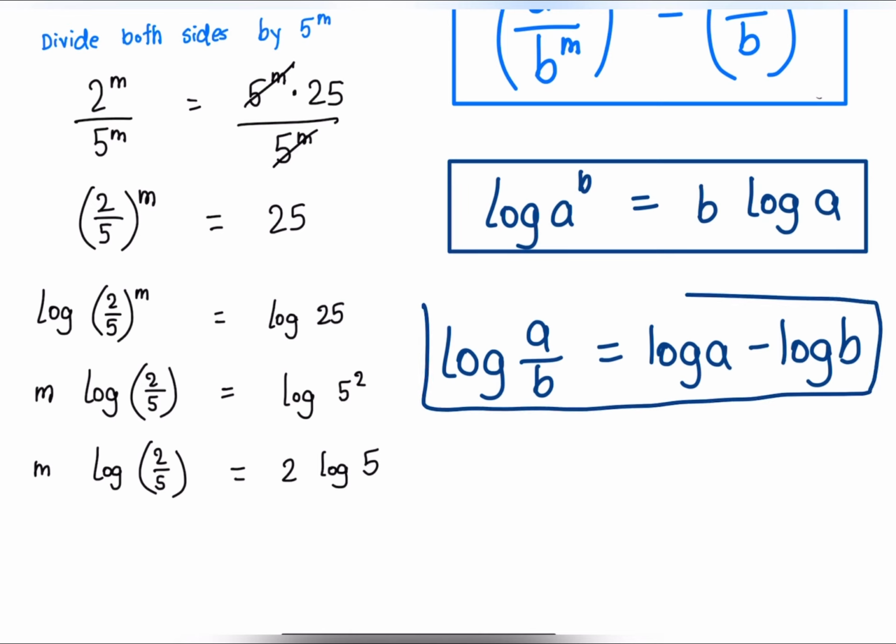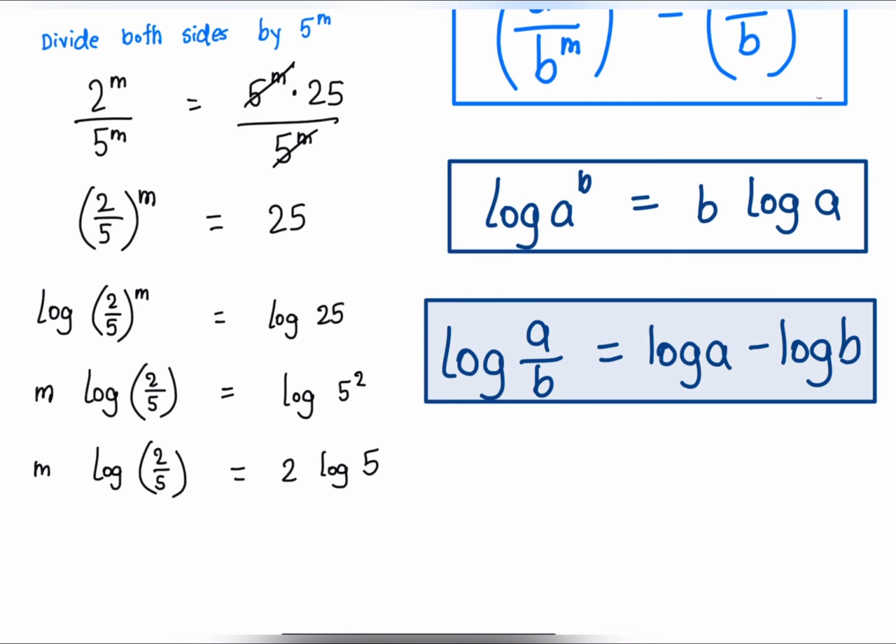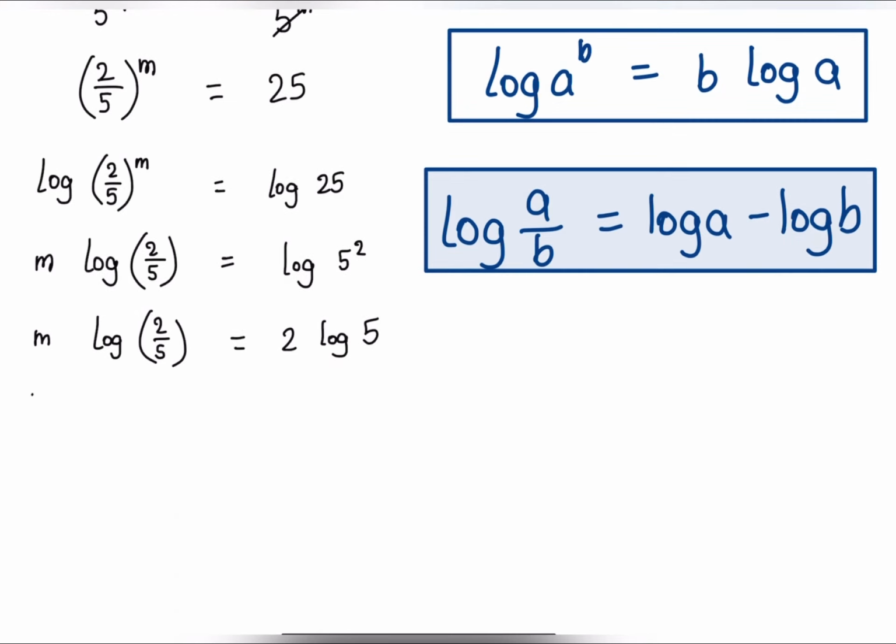So over here we have m log 2 over 5, and that gives us m times log 2 minus log 5. And this is equal to 2 log 5.